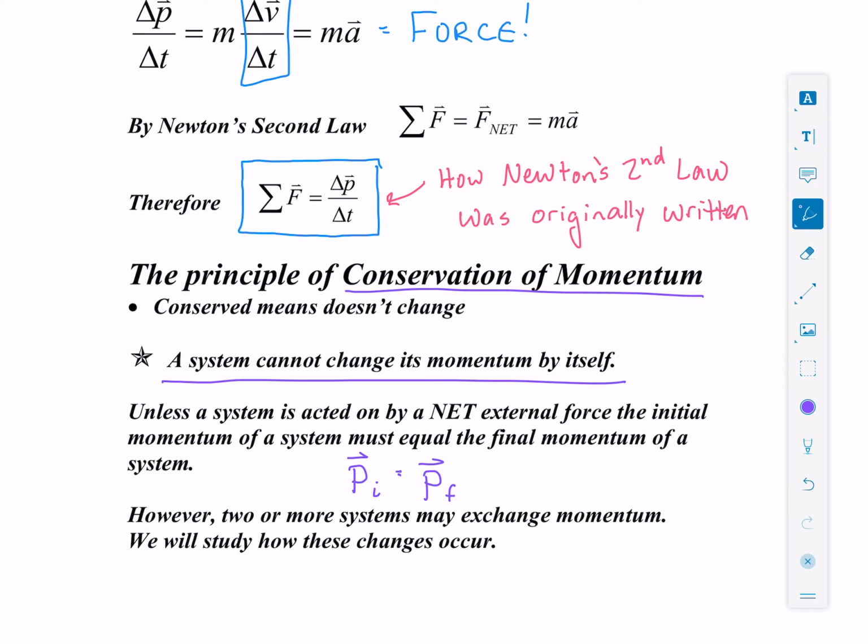A lot of times in this chapter, we're going to have car crashes. Car crashes are a great example of conservation of momentum. In the collision, the objects may change momentum, but the overall initial momentum is going to equal the overall final momentum as long as there was no external net force.